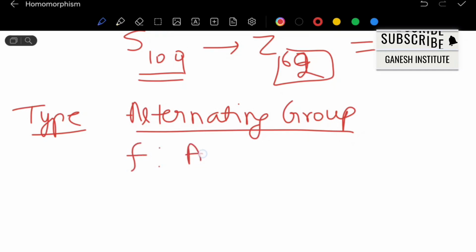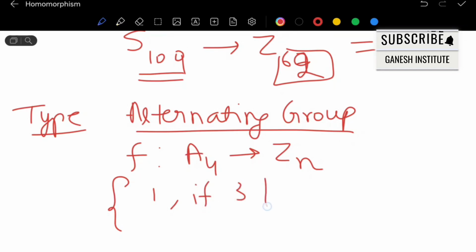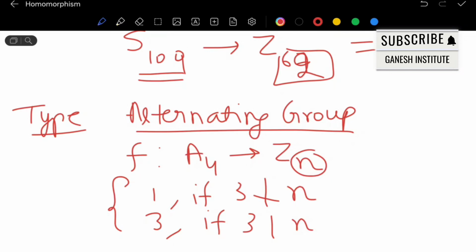Let's say we have an alternating group mapping to a finite group. Then the number of homomorphisms has two conditions. It is 1 if 3 does not divide the order of the finite group, and it is 3 if 3 divides the order.